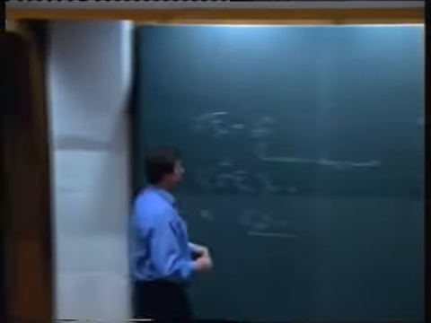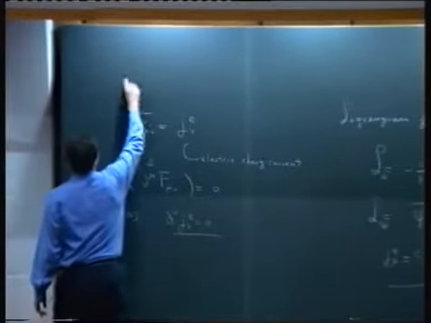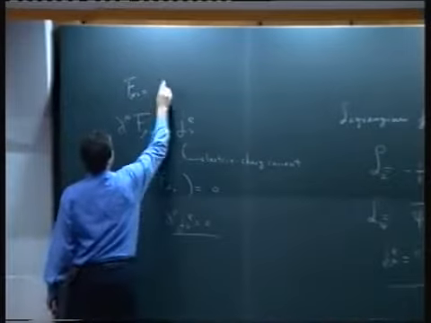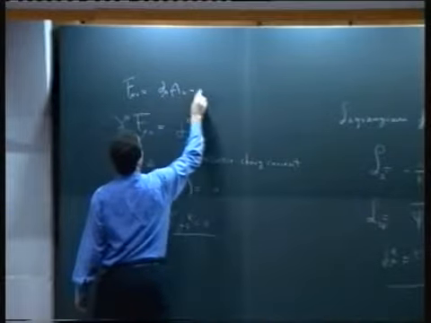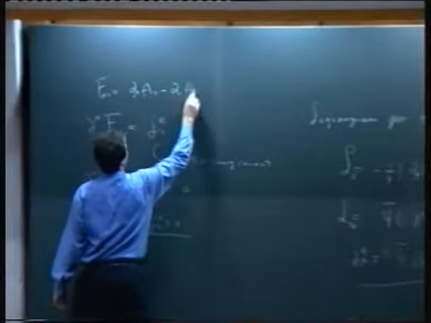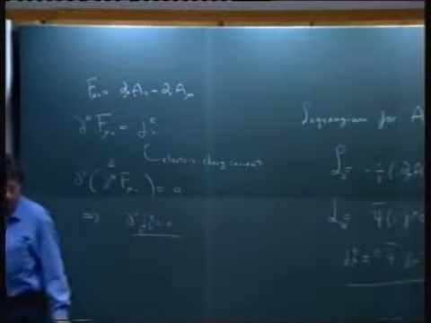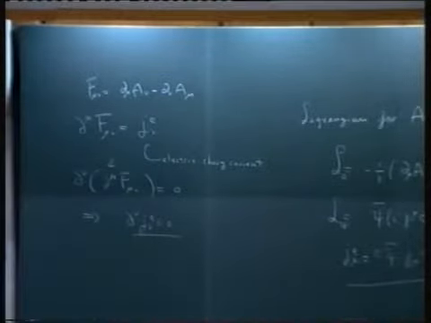I'll actually use a notation in terms of F mu nu, which is d mu A nu minus d nu A mu, so that I can write down the Lagrangian in a simpler and shorthand notation.